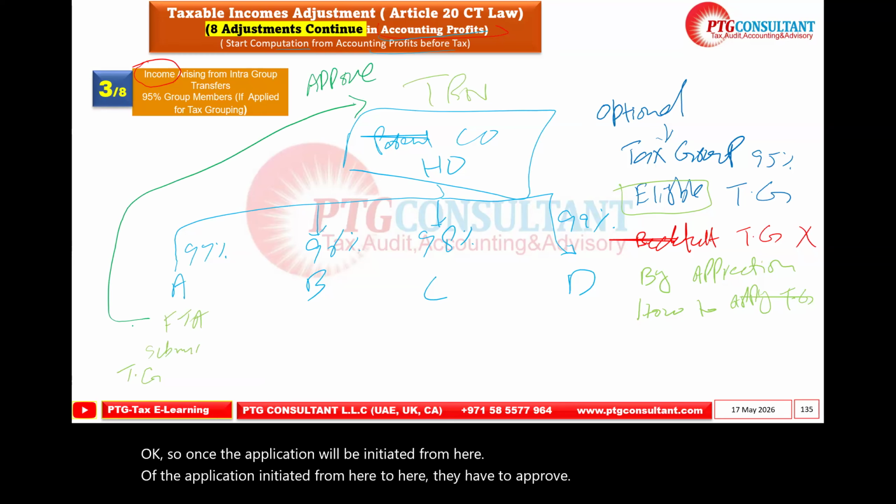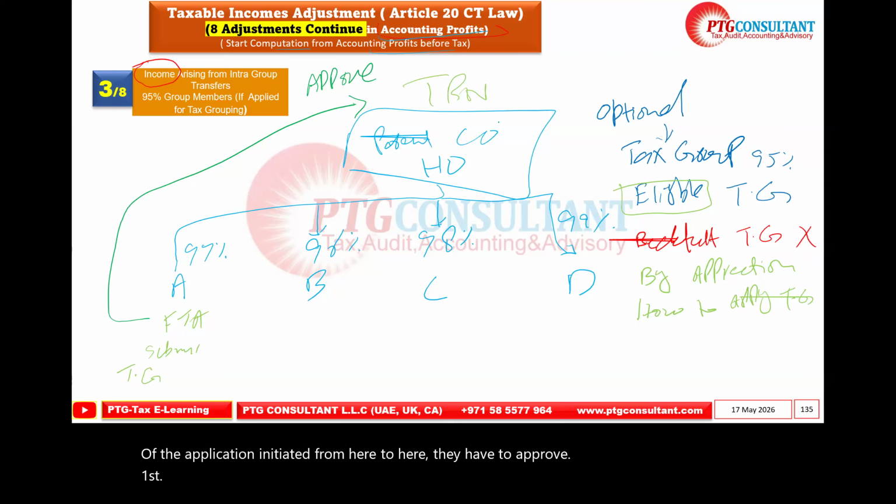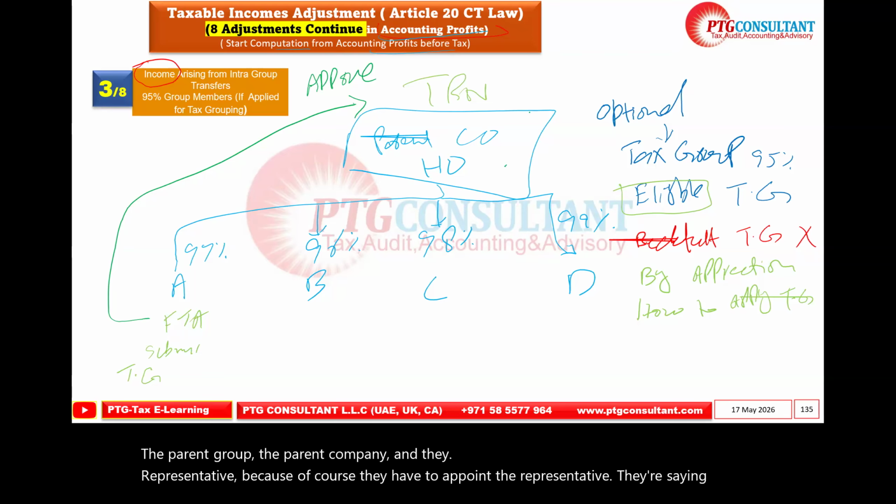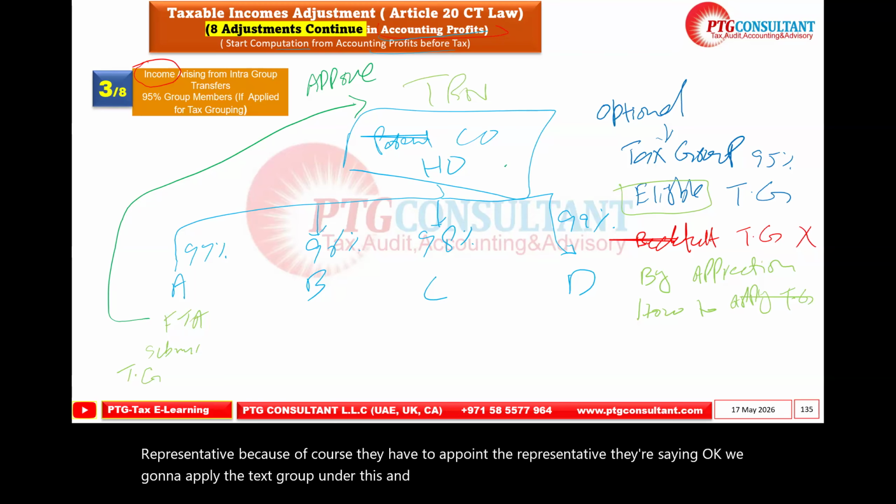First, they are opting for the head office as the parent company, as the representative, because of course they have to appoint a representative. They are saying, we are going to apply for the tax group under this, and we are opting for one of the entities as the representative.